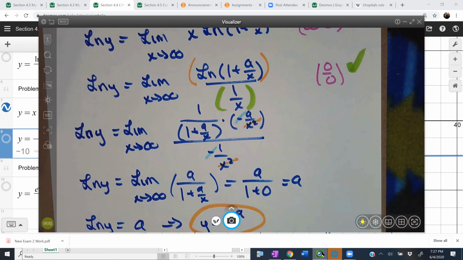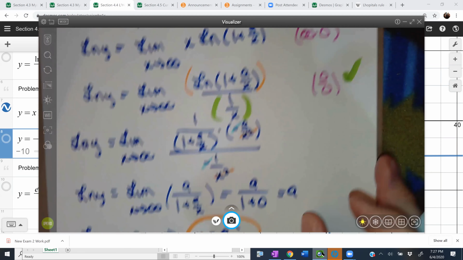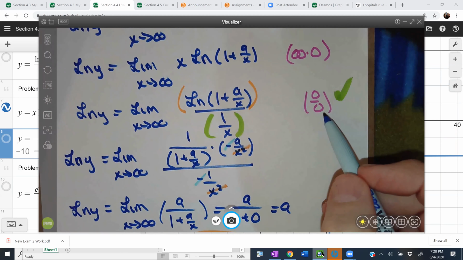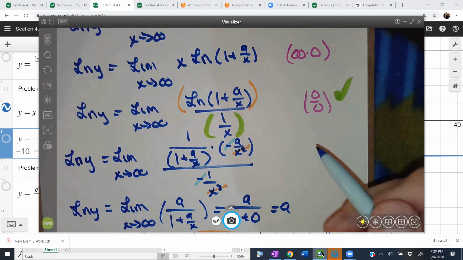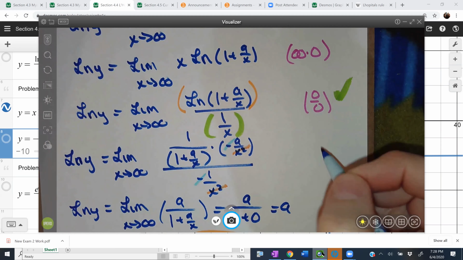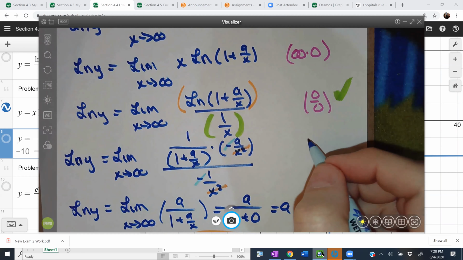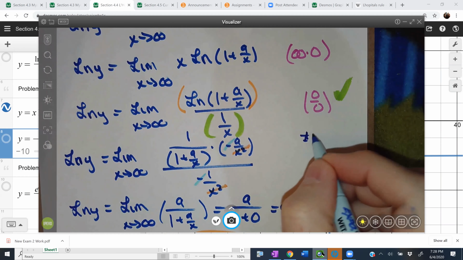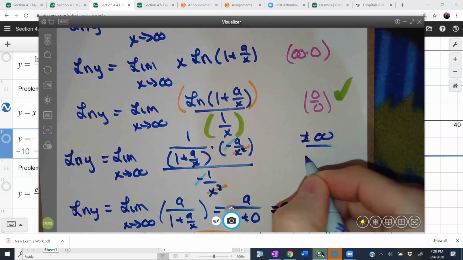The indeterminate forms that you can use L'Hopital's rule with are 0 over 0 and infinity over infinity. With infinity over infinity, it's really plus or minus infinity over plus or minus infinity.